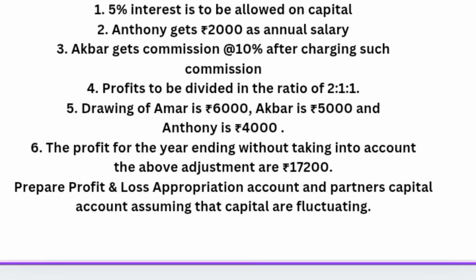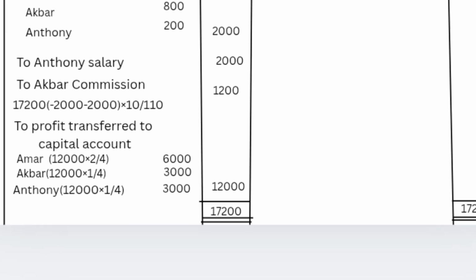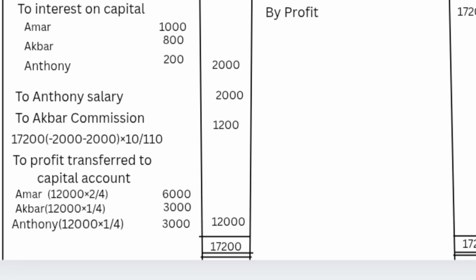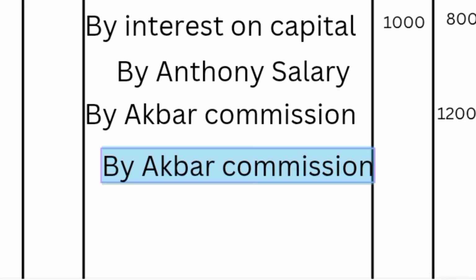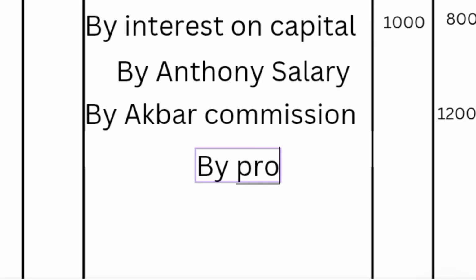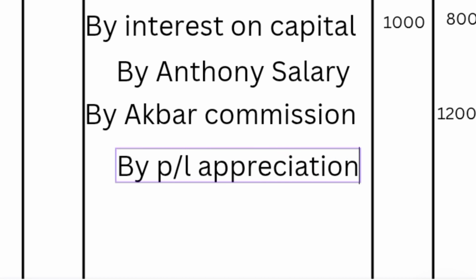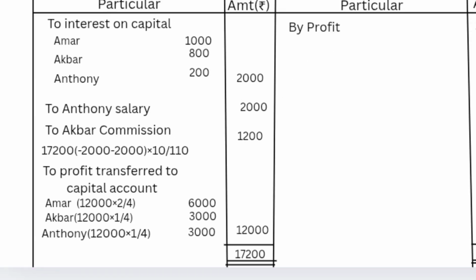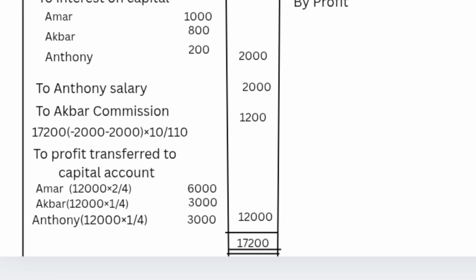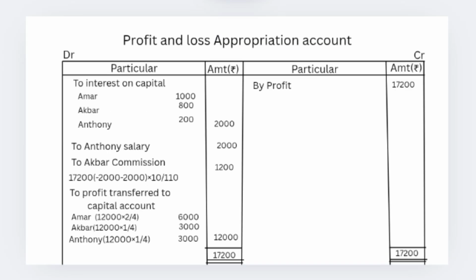The next item is the profit. So the profit is 6,000 for Amar, 6,000 for Akbar, and 3,000 for Anthony.